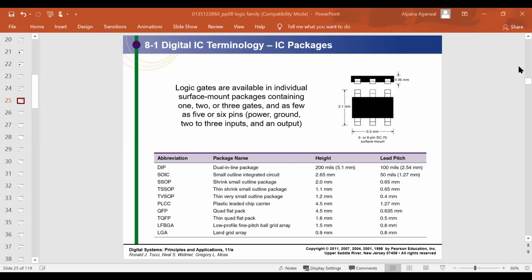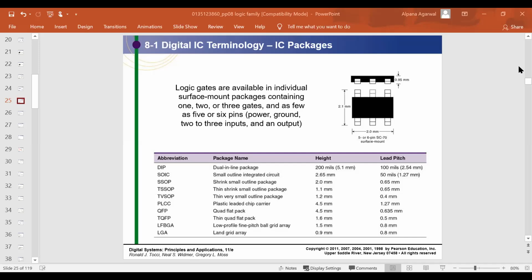You have pins coming out on the two sides of the IC. But now the surface mount devices are more popular, and people use quad flat package or thin quad flat pack, and these are the standard ICs which are now available for most circuits.